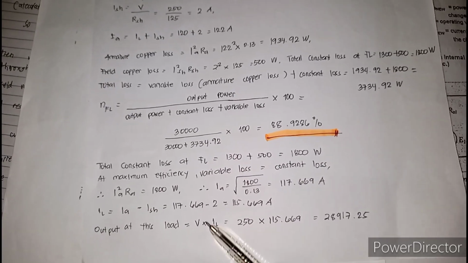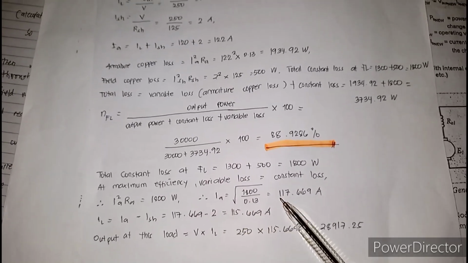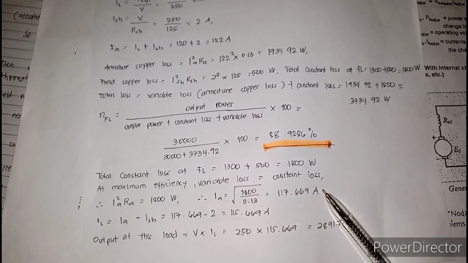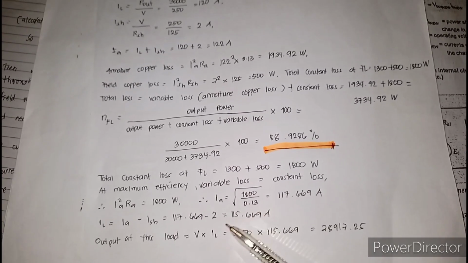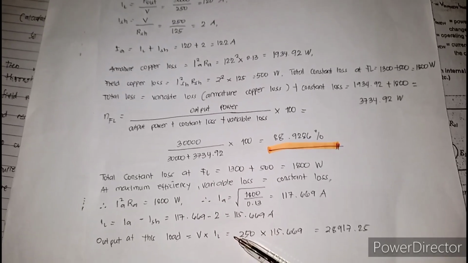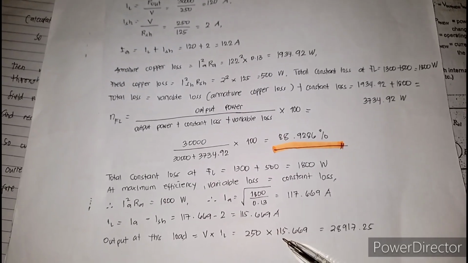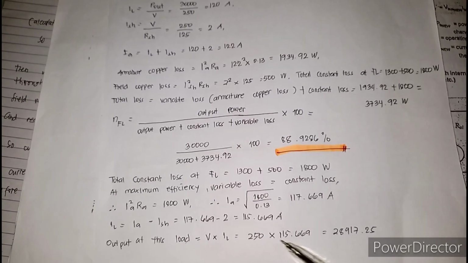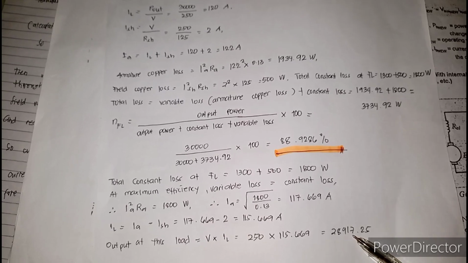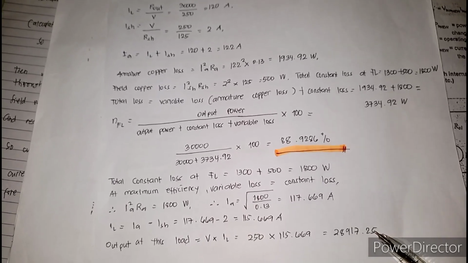The output at this load is equal to V times IL. The terminal voltage is 250 and the load current is 115.669. Multiplying, the answer is 28,917.25.